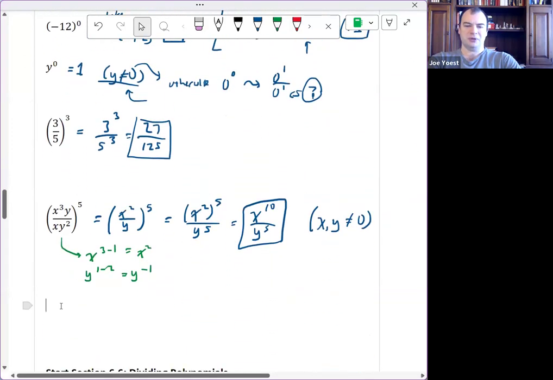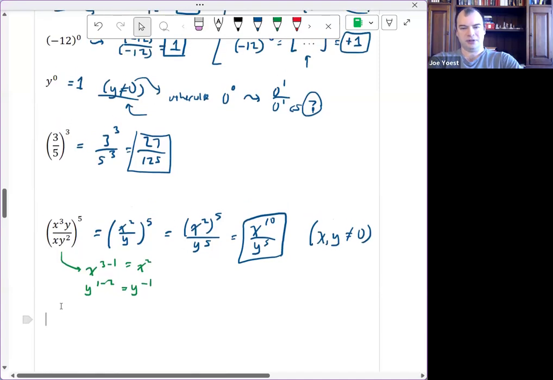But we could be a little more careful and realize this interior of the parentheses already has a lot of simplification I can do. So can I make the exponents smaller before I make them bigger by multiplying them by this exponent 5?